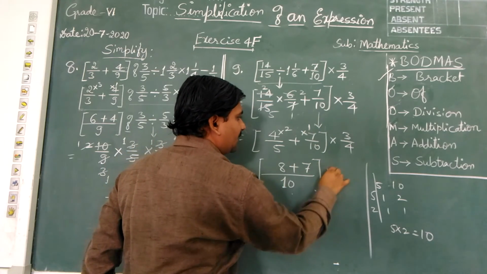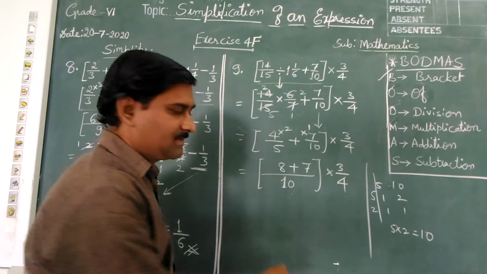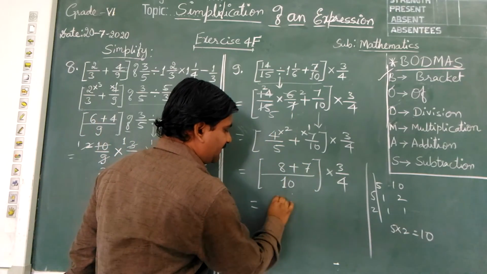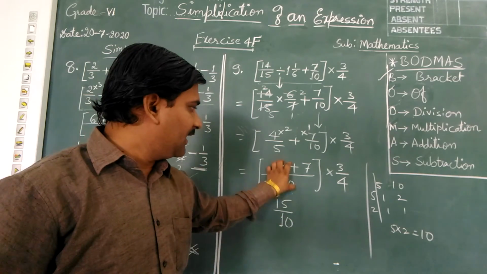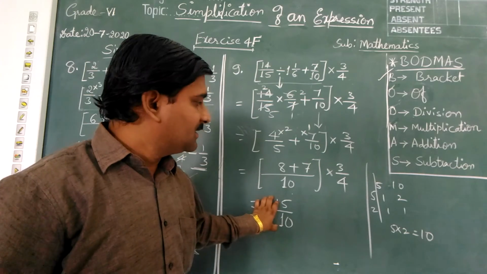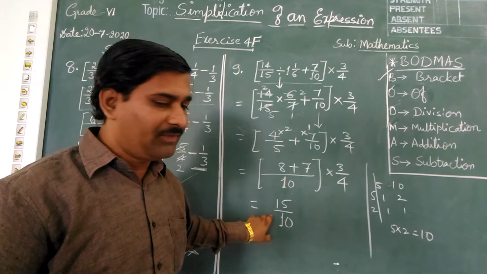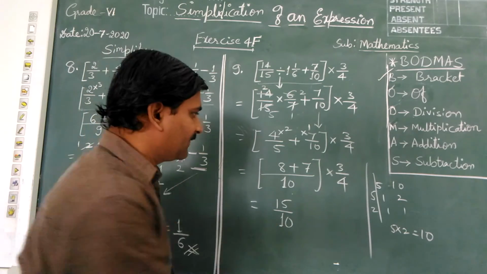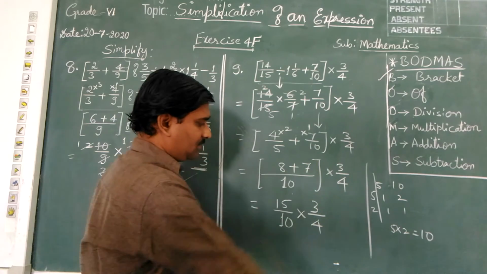This is still under the bracket. Simplification we are doing still in the bracket. Now 8 plus 7, 15 by 10. Now the bracket answer we got. The simplification under the bracket gives 15 divided by 10 multiplied by 3 by 4.